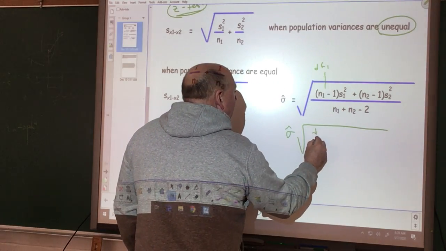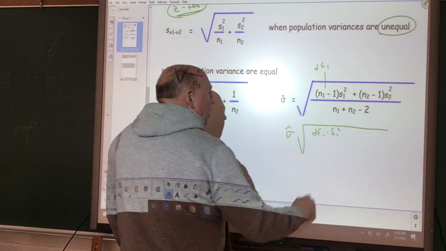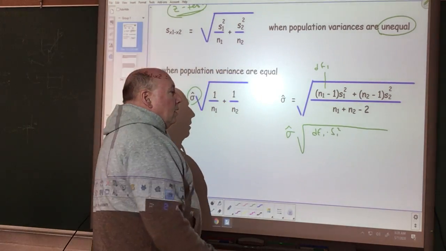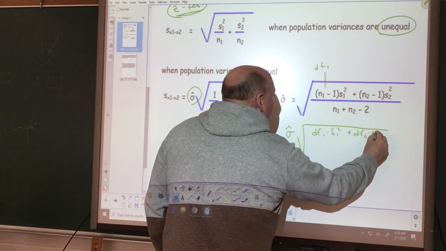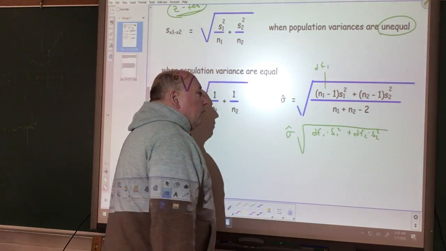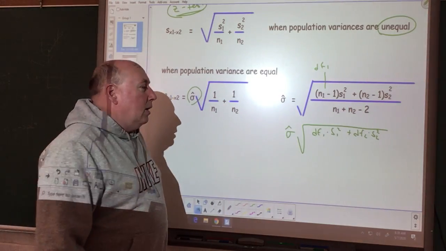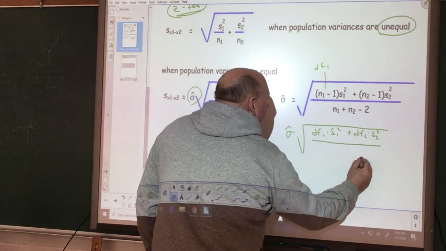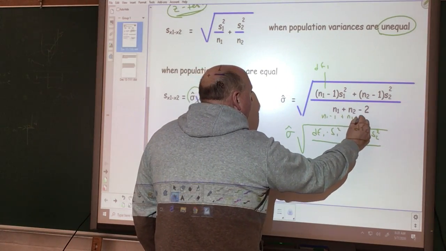So we have degree of freedom 1 times the variance of 1, plus a degree of freedom 2 times the variance of 2. Now this n1 plus n2 minus 2, this is n1 minus 1 plus n2 minus 1.